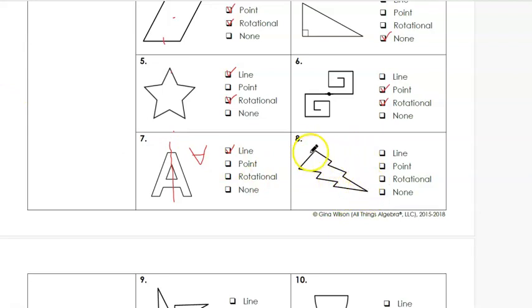This point is going to come up here, and this one's going to go down here. So that's not the original shape. So point symmetry doesn't exist, and there is no degree measure that I could rotate around less than 360 that would map the figure to itself. So for number 8, it has no symmetry that exists.